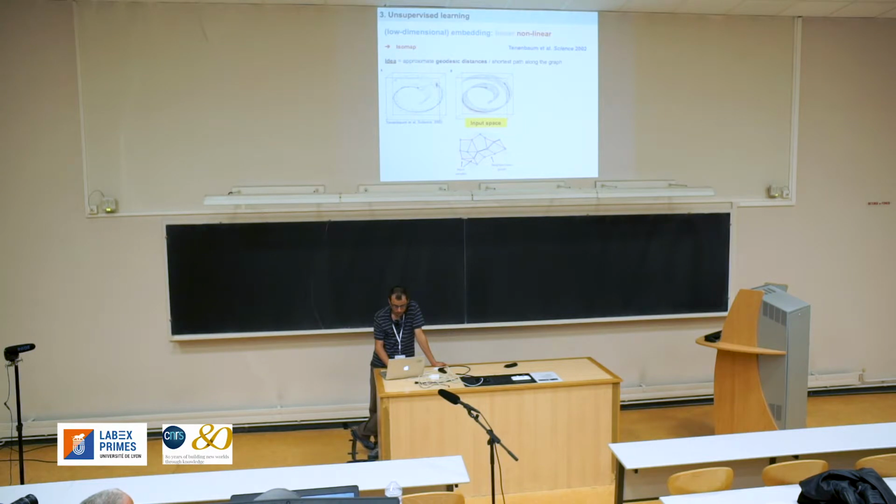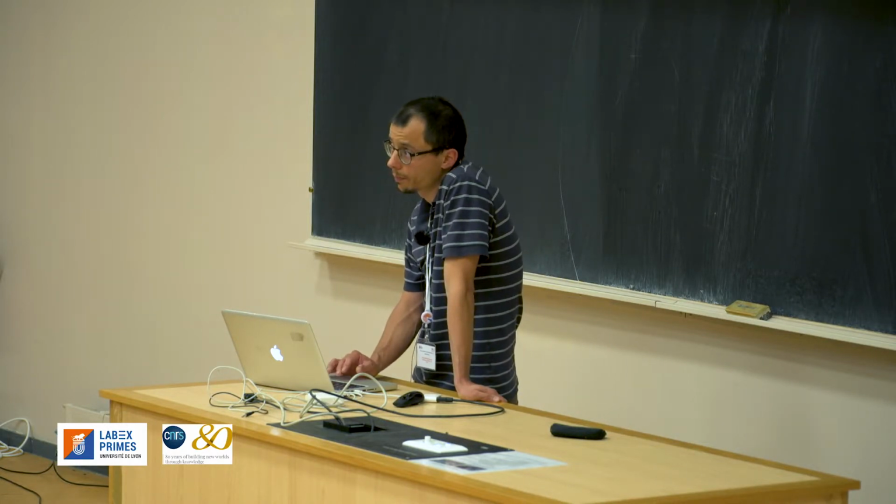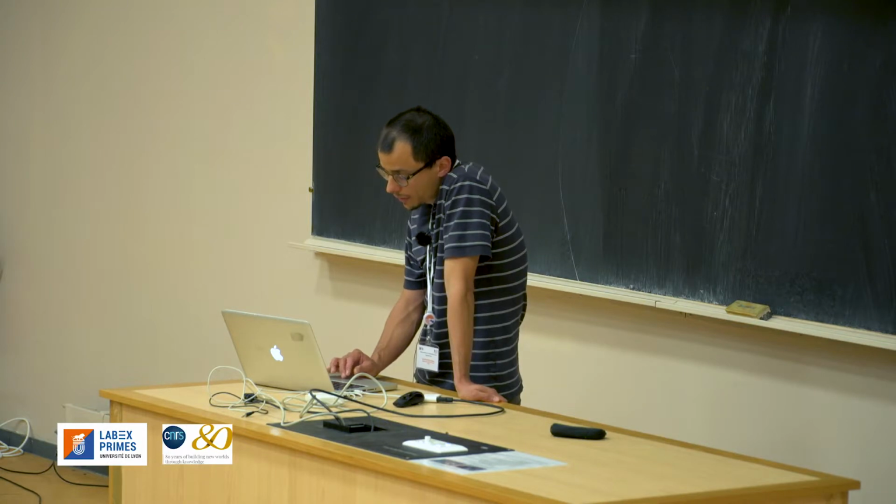If I have these 2 points I want to compare, I want a distance between the 2 points. The Euclidean distance is a short circuit across my graph. It goes out of my space and it's wrong. While if I consider the geodesic distance, the shortest path along the graph, then it's correct. So what does ISOMAP do?